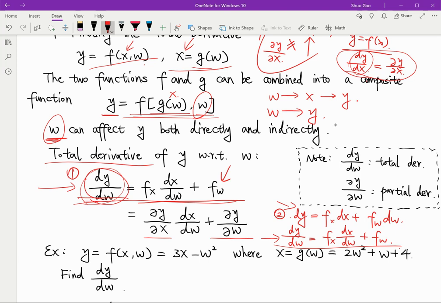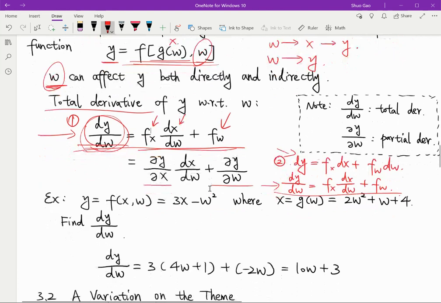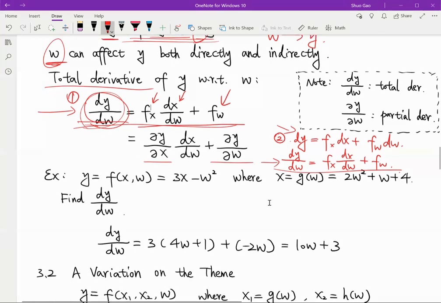And the second is to first go through x and then through the function f, right? So there are two ways for w to affect y, and you can see that reflected in this formula here. So this is just the way we find out the total derivative of y given the variable w, right?